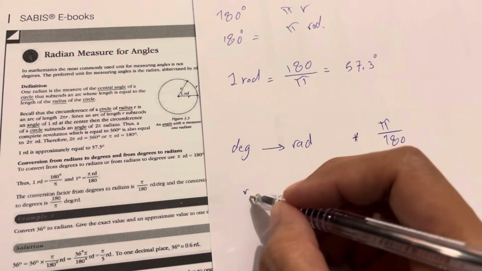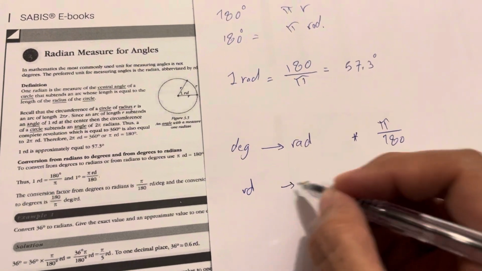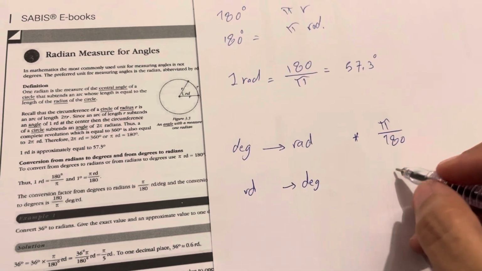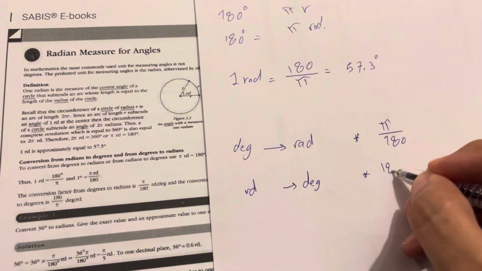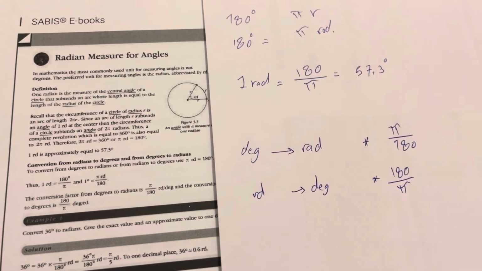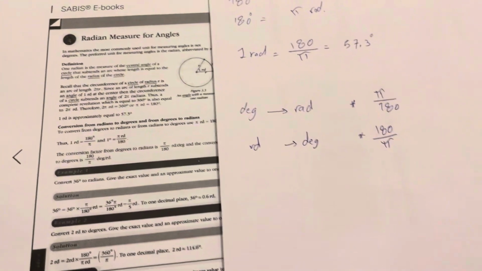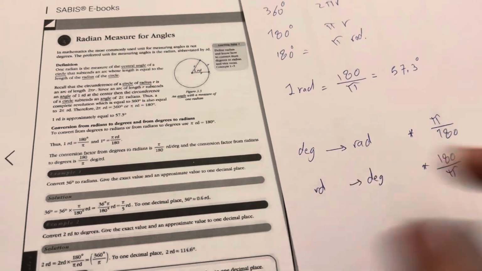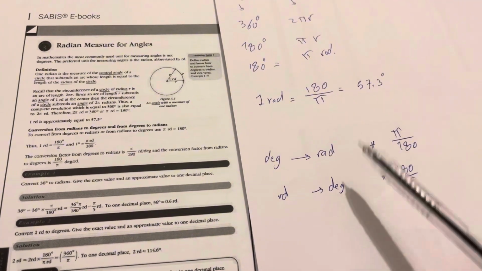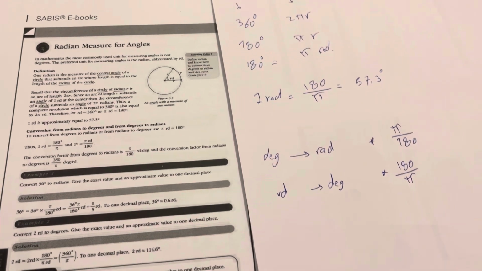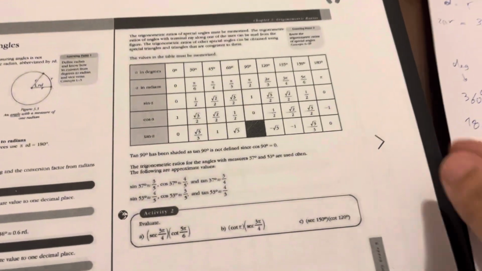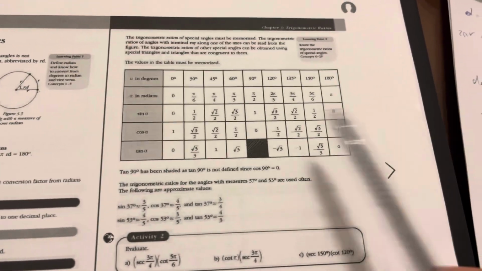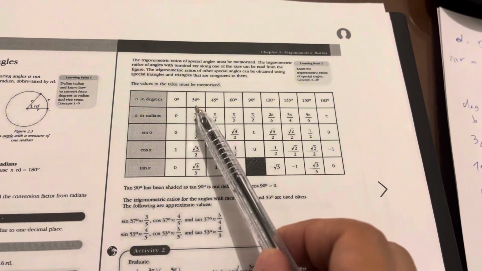And if you have an angle in radian and you want to convert it to degrees, you will multiply by 180 over π. And this is the whole section's purpose, to know that angles can be measured in degrees and in radians. In this section, he's asking to memorize these formulas of the angles.